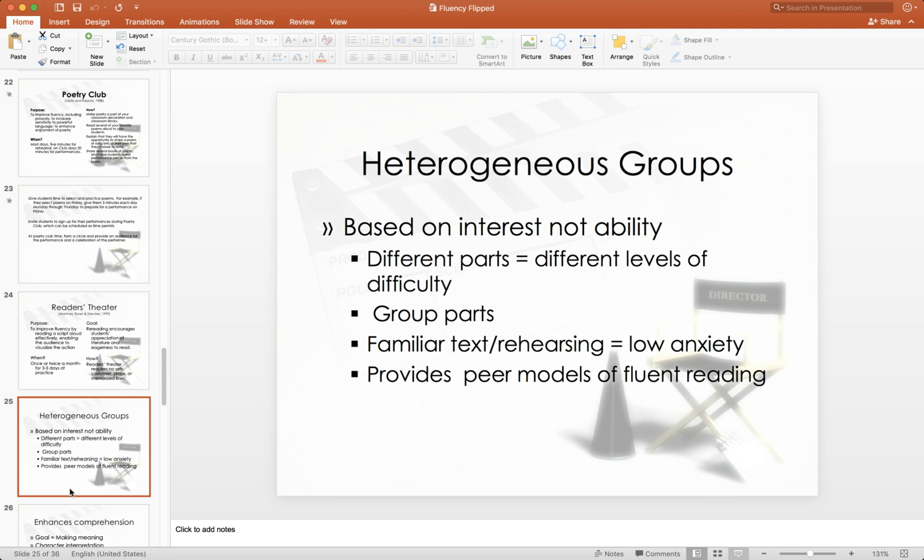And that script has different parts. So the students in that group would choose a different part. And then they would practice reading their part for many days. And they become very familiar with the text, reading their part, maybe taking it home, practicing at home. They're not memorizing this text, but they are reading it fluently.